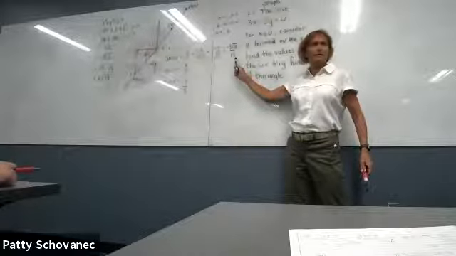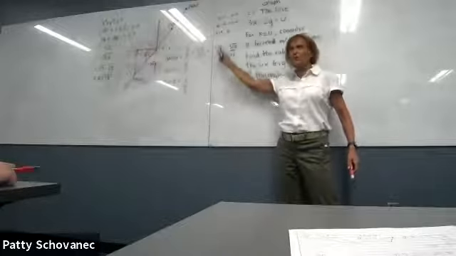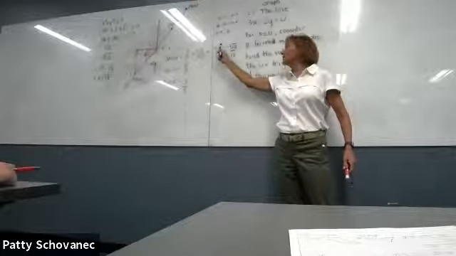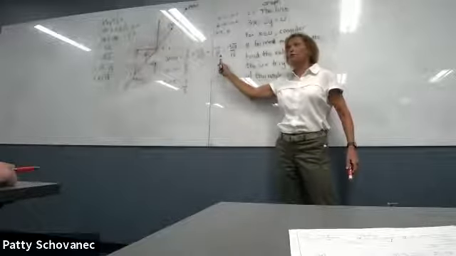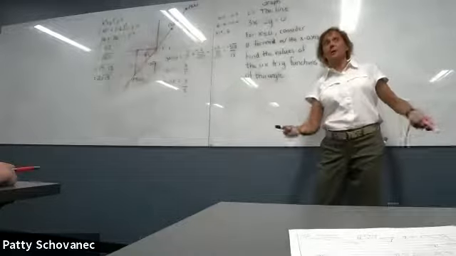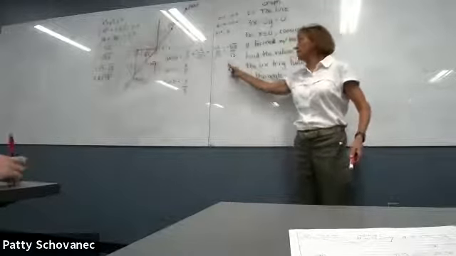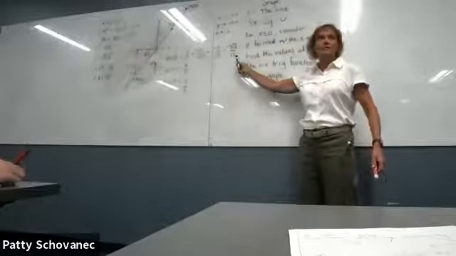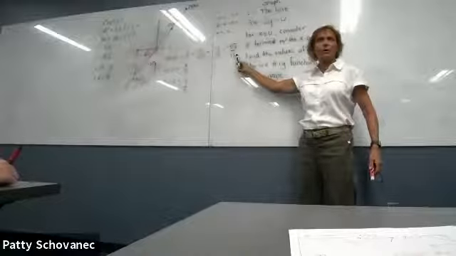Remember when you were in algebra and you were always forced to rationalize the denominator? You multiply top and bottom of this by the square root of 13. The square root of 13 times the square root of 13 is the square root of 13 squared, which is just 13. So this is rationalizing the denominator. That's not something I'll make you do, maybe, but I think that sometimes is asked for on web work.